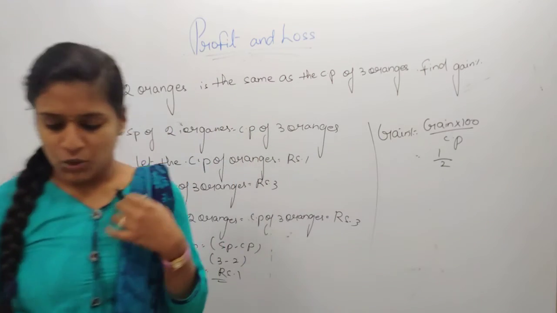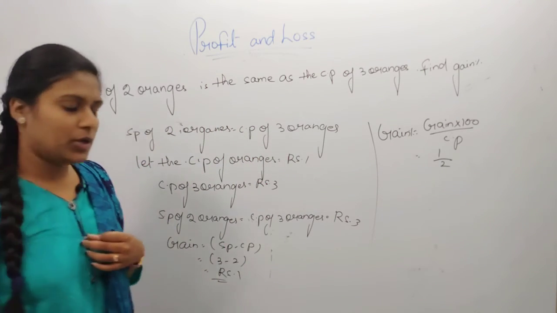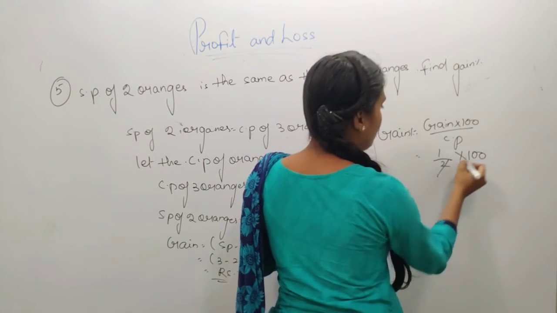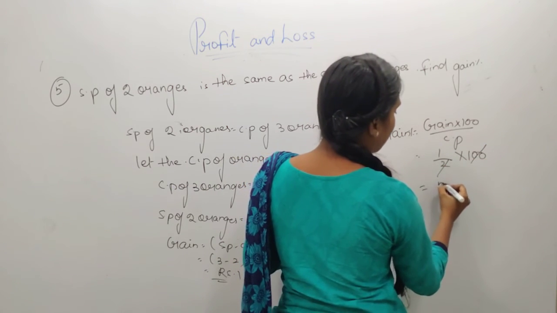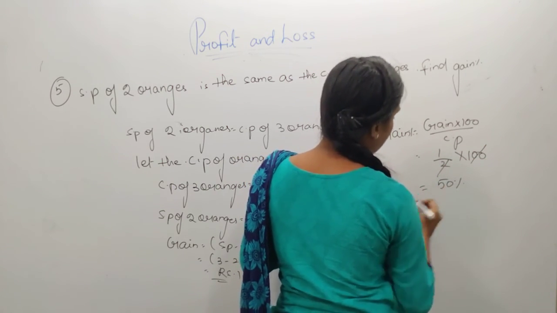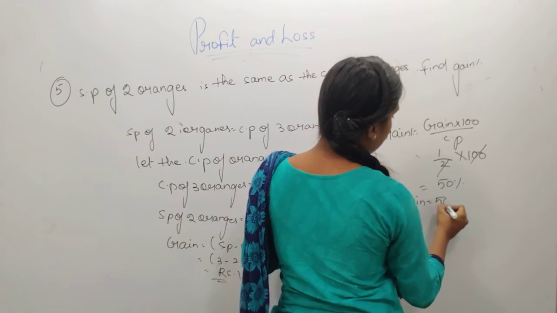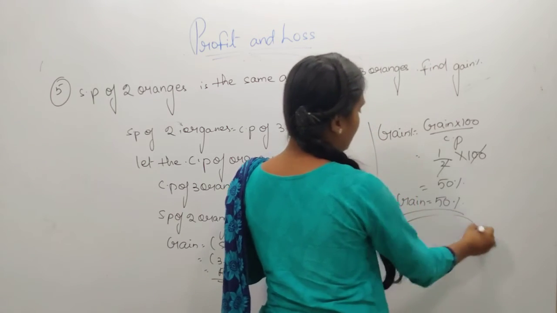CP, how much? 2 is given, right? 1 by 2 into 100. By doing the cancellation, how much will you get? 50%. Gain percent is equal to 50%. Finally we got the answer.